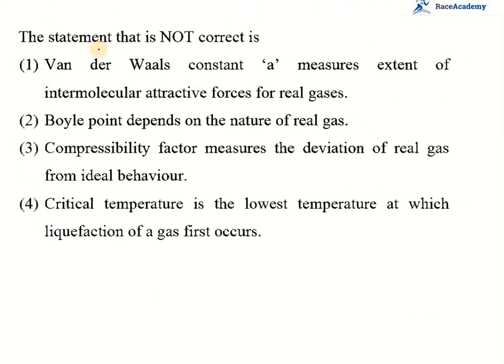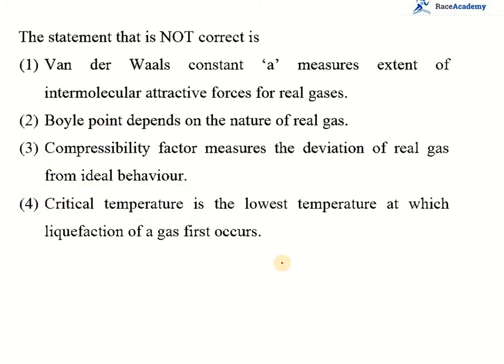The statement that is not correct here: Van der Waals constant a measures the extent of intermolecular attractive forces for real gases. While b depends on the nature of the real gas, the compressibility factor measures the deviation of real gas from ideal behavior.